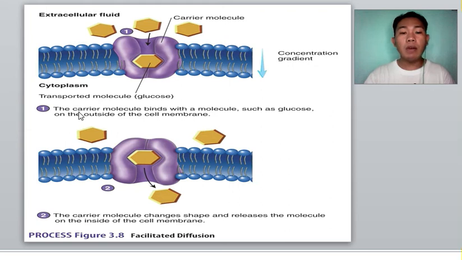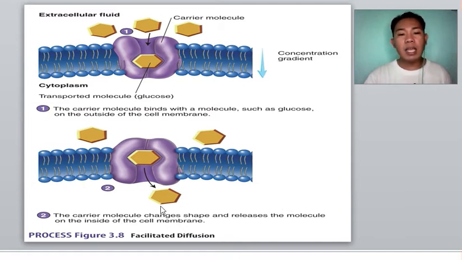The carrier molecule binds the molecule here, the violet, such as glucose on the outside of the cell membrane, and later on, due to the concentration gradient, from higher concentration to lower concentration, the carrier molecule changes its shape and releases the molecule on the inside of the cell membrane.